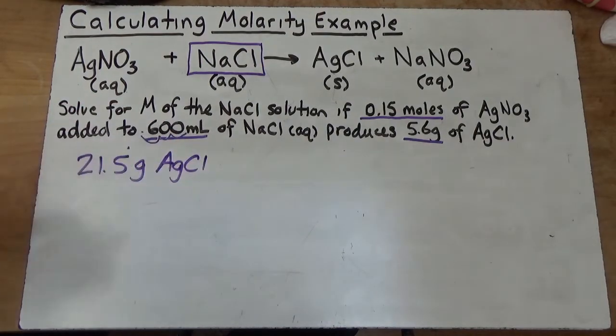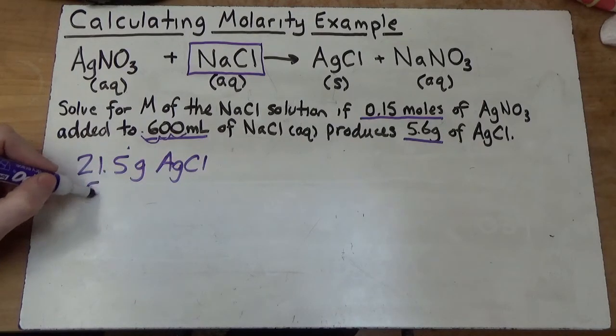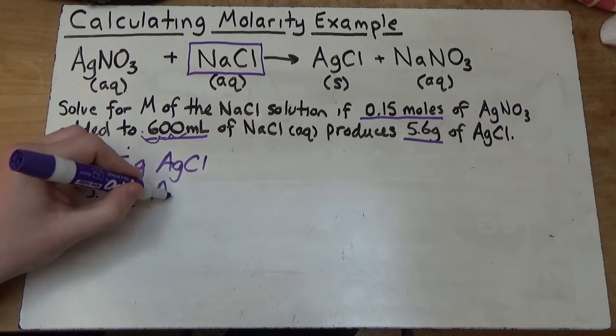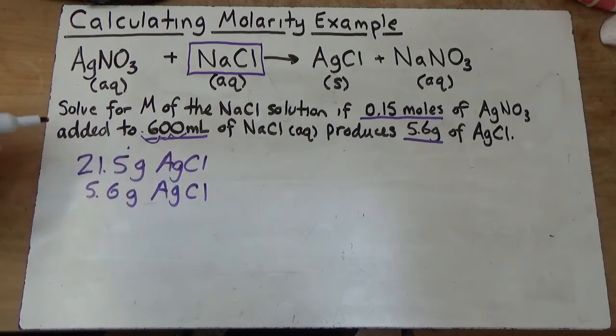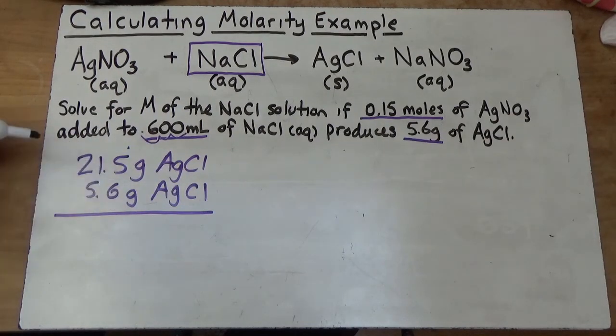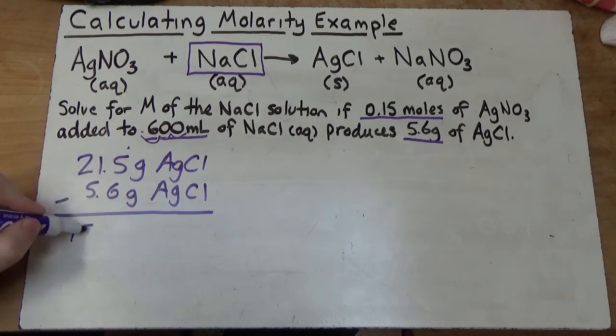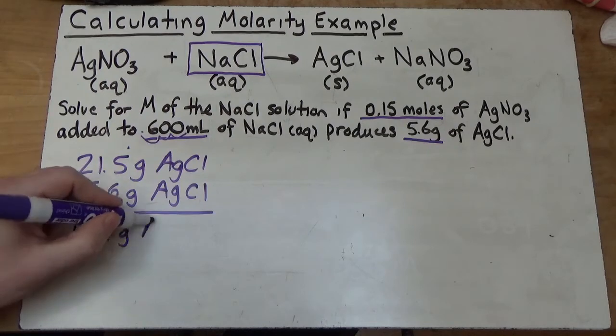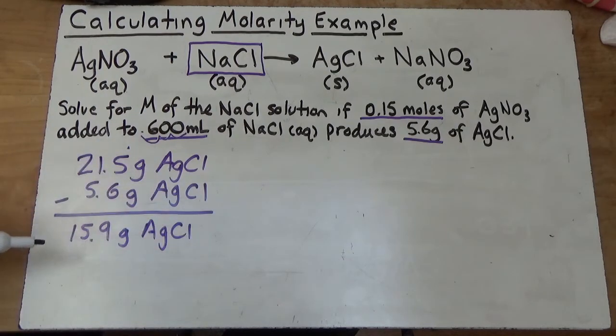Could have done that. In reality, though, we only made 5.6. So we need to figure out what the difference is. To do that, we're going to just do some simple subtraction here. The difference is 15.9 grams of AgCl.